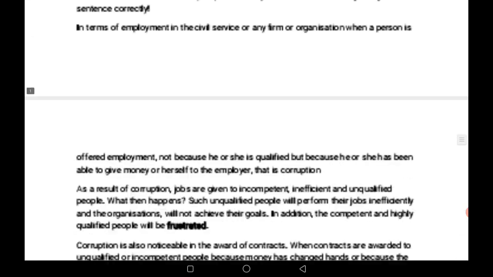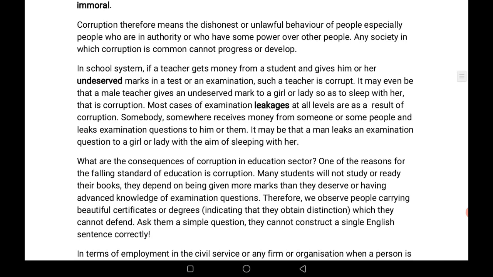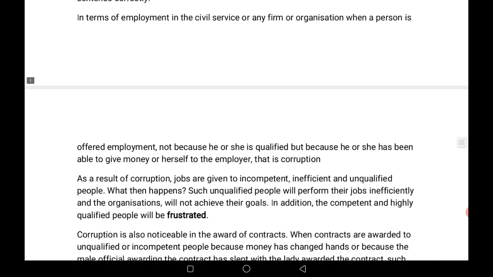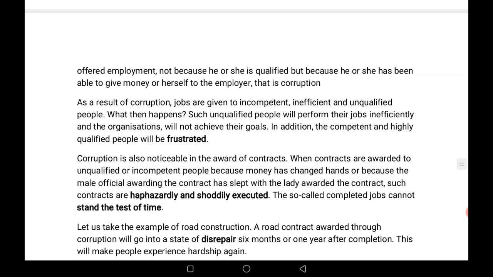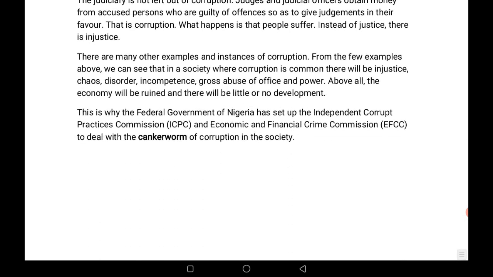Now, summarily, what this passage is all about centers on corruption and some roles related to corruption. When we talk about roles relating to corruption, we talk about corrupt, dishonest or illegal, immoral, undeserved, leakages, frustrated, haphazardly, shoddily executed, stand the test of time, disrepair, float, regulations, and cankerworm.